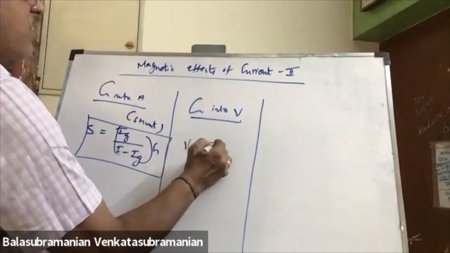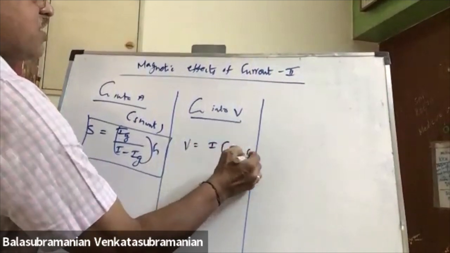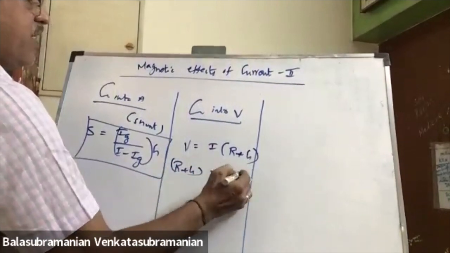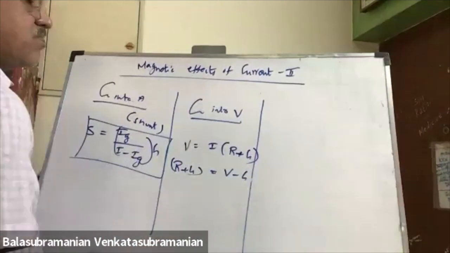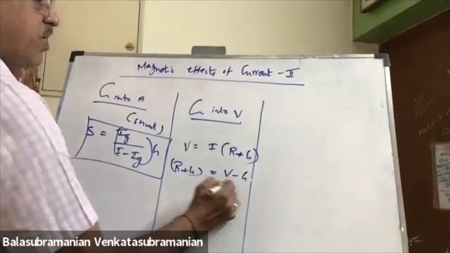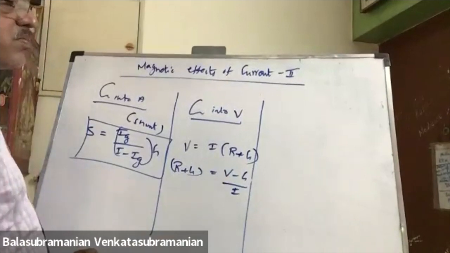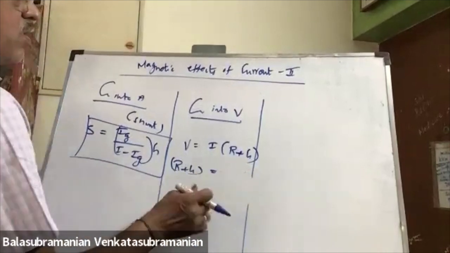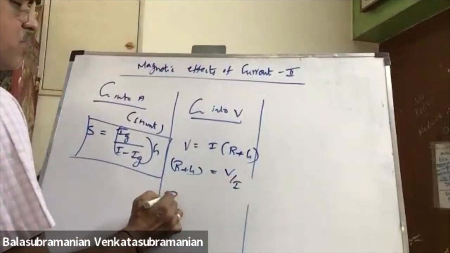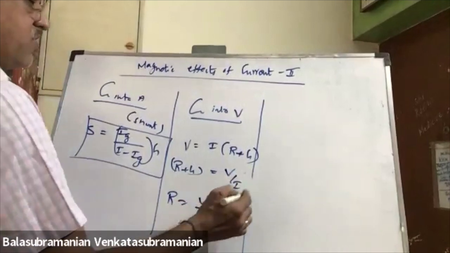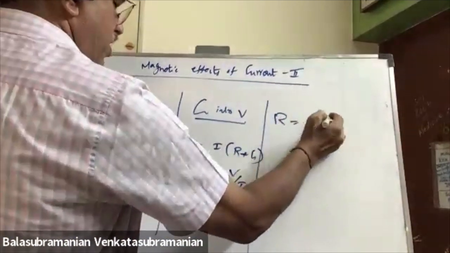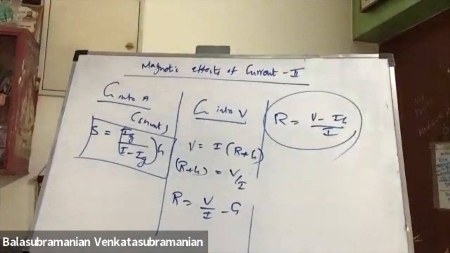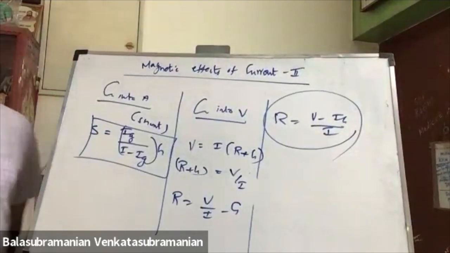Ohm's law, V is equal to I into (R plus G). R plus G is equal to V by I. So R is equal to V by I minus G, or R is equal to (V minus I into G) by I. Okay, basic formula.